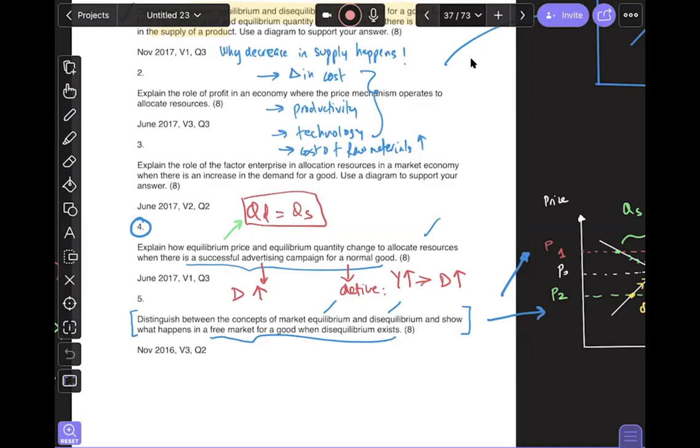So the idea of rationing means allocation of resources, which happens in a free market economy through the price. Price signals the producer that there is a need to produce more of that good. Make sense? And that's exactly what rationing means. Rationing basically means how we are allocating or rationing resources among different users. Okay?